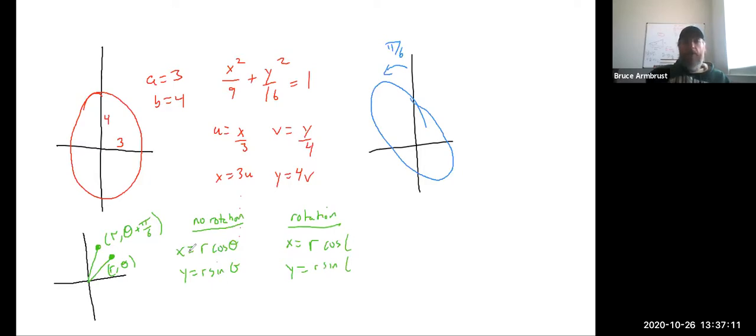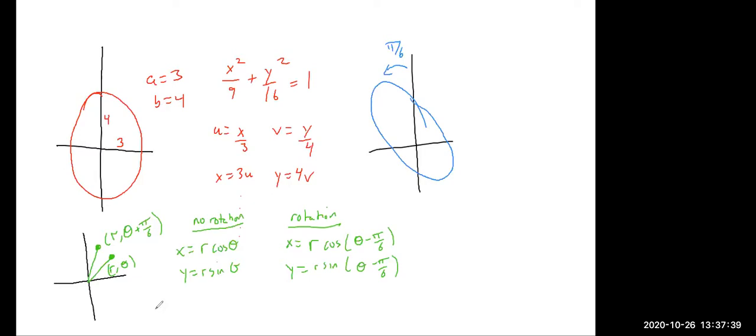So basically what we're trying to do is equate those x's and y's. But here's what's probably going to trip you a bit. These guys have to be minus pi over 6. Why? Good question.